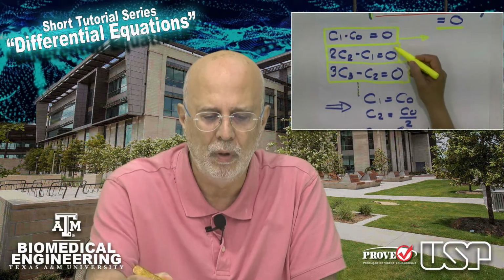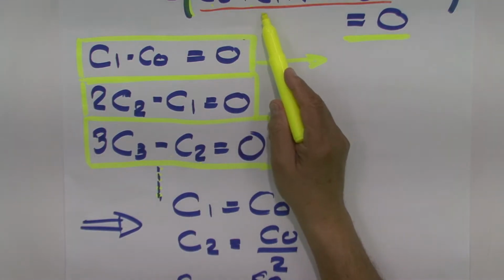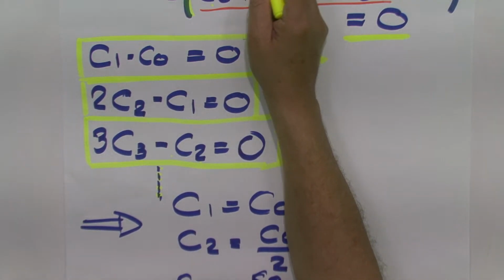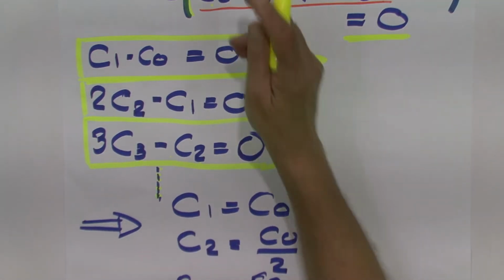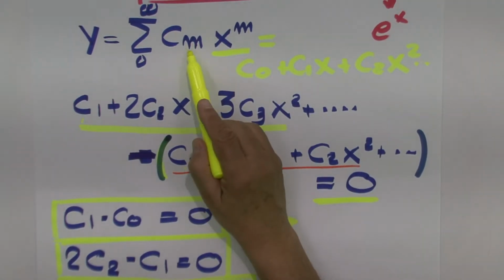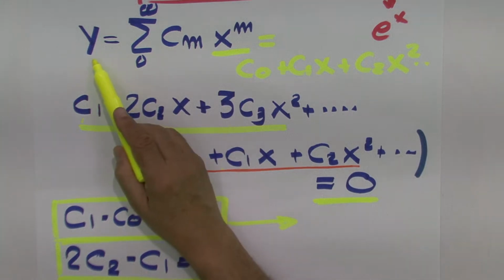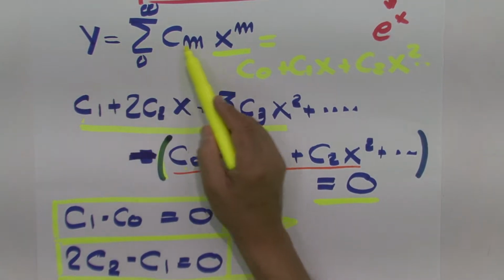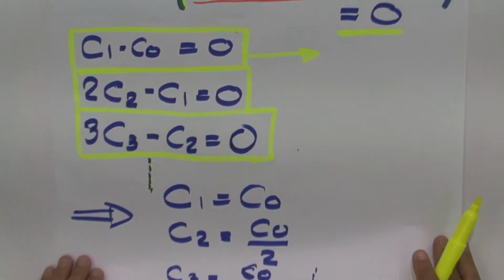If the function I'm proposing is this series, when x equals 0, only the independent term, the c0 term, will survive. And if I say that at x equal to 0, y is equal to 1, it means that c0 is equal to 1.